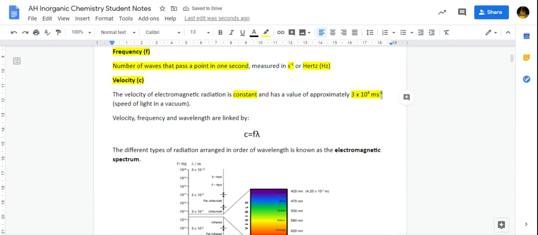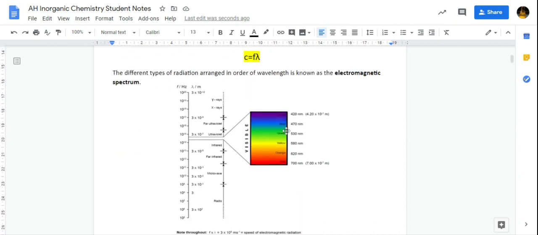The equation to link velocity, frequency, and wavelength is c equals f lambda. Lambda is the Greek symbol for wavelength. This can obviously be arranged to give you f equals c over lambda, or lambda equals c over f. The different types of radiation are arranged in order of wavelength, and this is known as the electromagnetic spectrum.